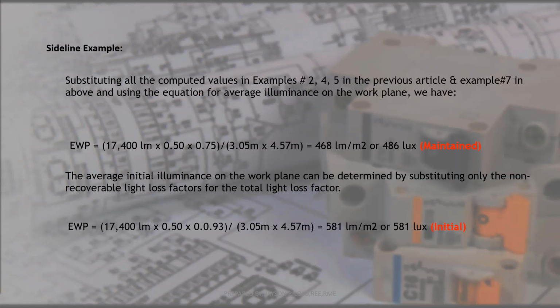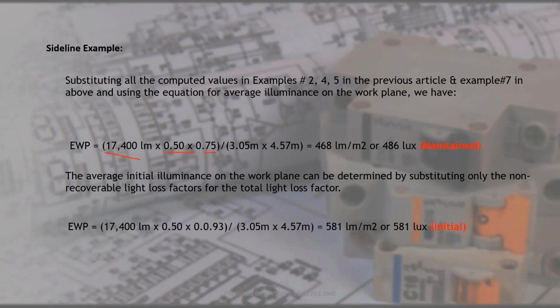Now substituting all the computed values in examples 2, 4, 5 in the previous slide, then example number 7 above, and using the equation for average illuminance of the work plane, we have, for example, 7,400 lumens solved earlier, then 0.50, 0.75, the data used earlier.